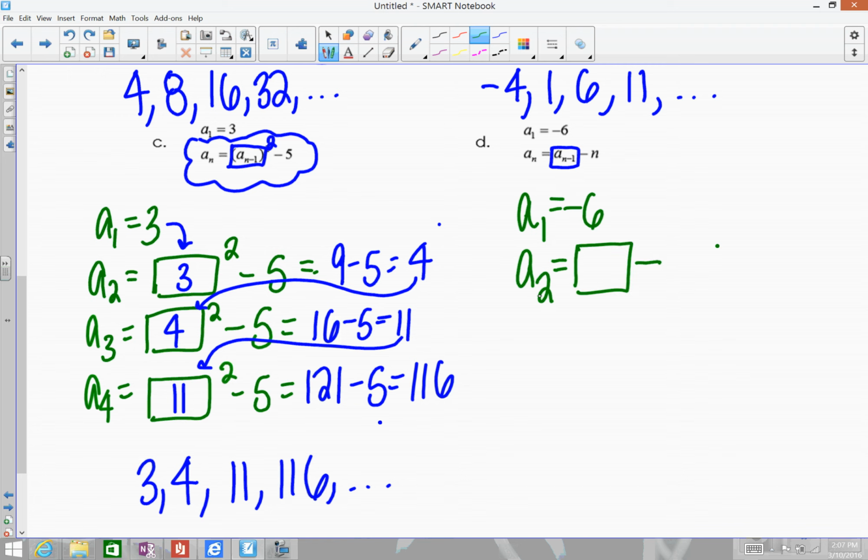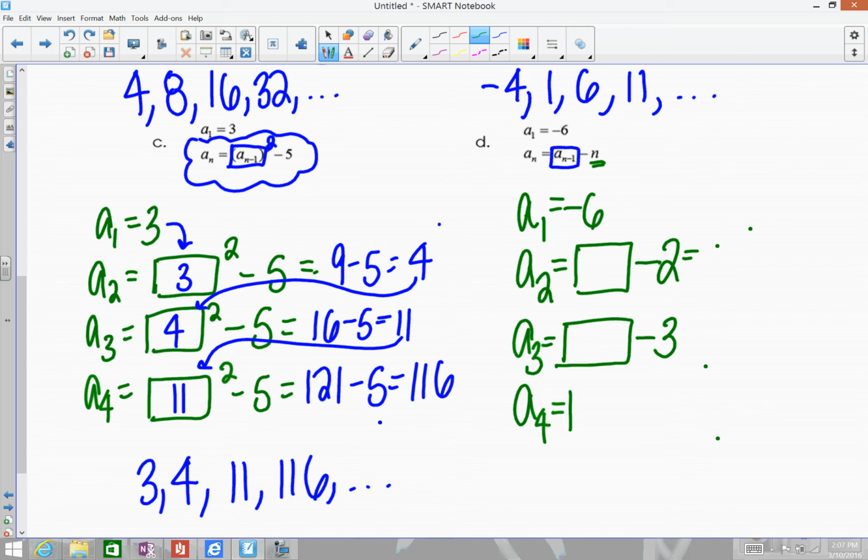Well, n is always the subscript, so that's going to be 2. Then when I do a sub 3, it's going to be the previous term minus 3, because 3 is going in for n. So that's going to switch depending on whatever term number I'm looking at. A sub 4 is going to be the box minus 4.